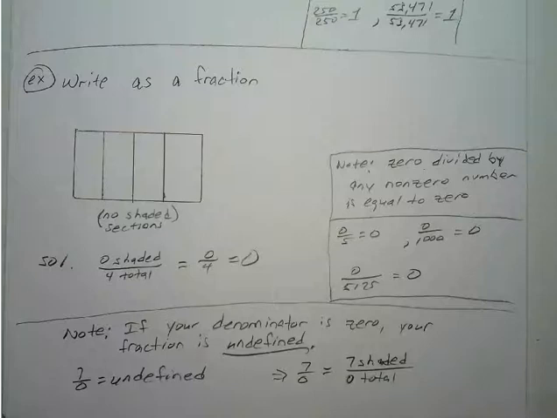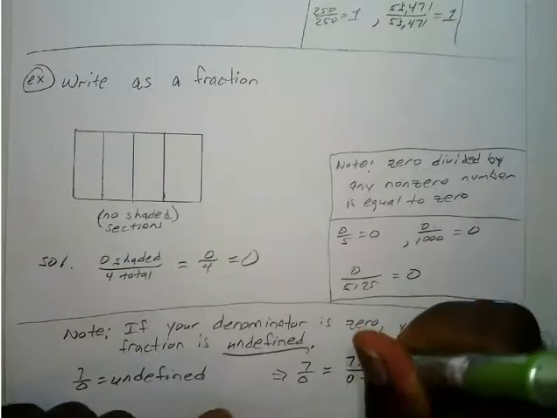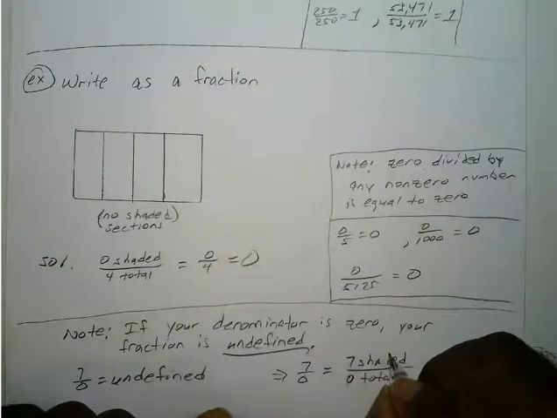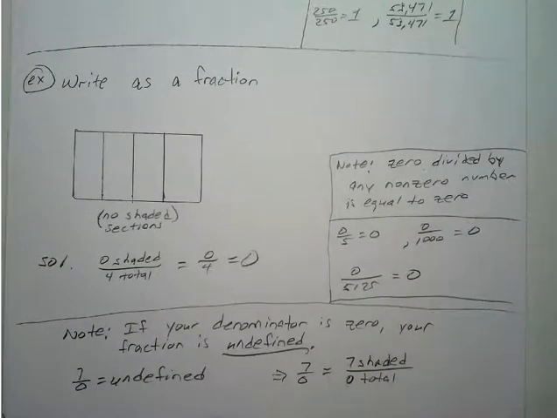So how are you going to have 7 shaded if you have 0 total sections? That's why whenever you have a 0 in the denominator, it's undefined.